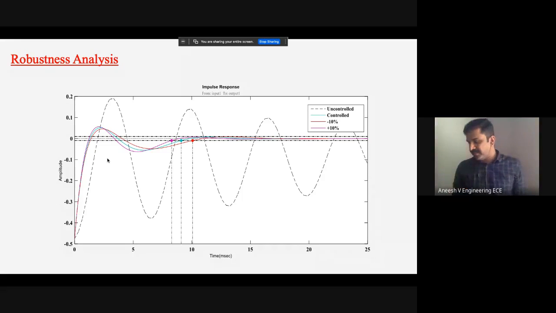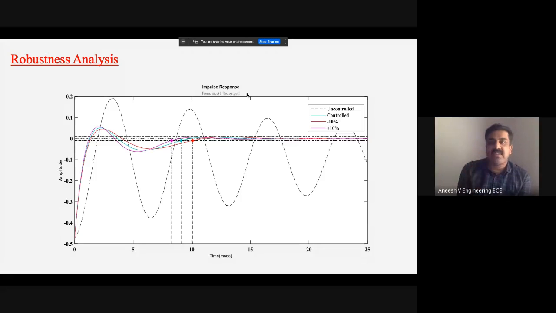Here you can see the dotted lines. This full wave represents the uncontrolled system. The light cyan line represents the controlled system. The red and violet lines represent minus 10% and plus 10%. What does this mean? I have an uncontrolled system with a lot of oscillations, and a controlled system with fewer oscillations.